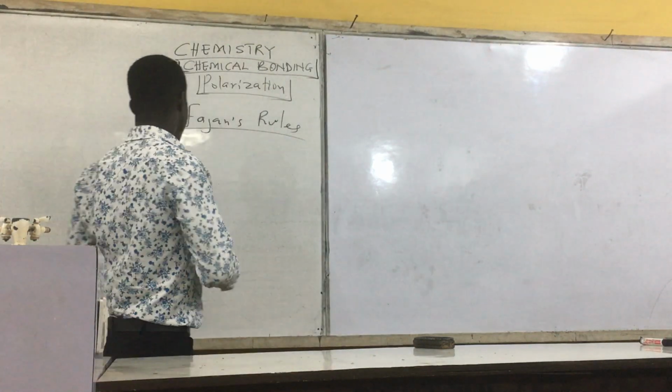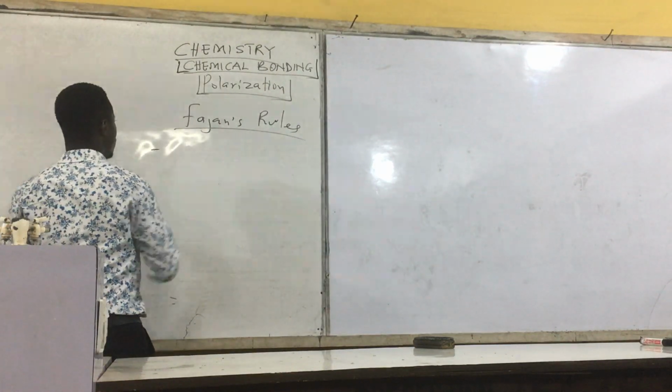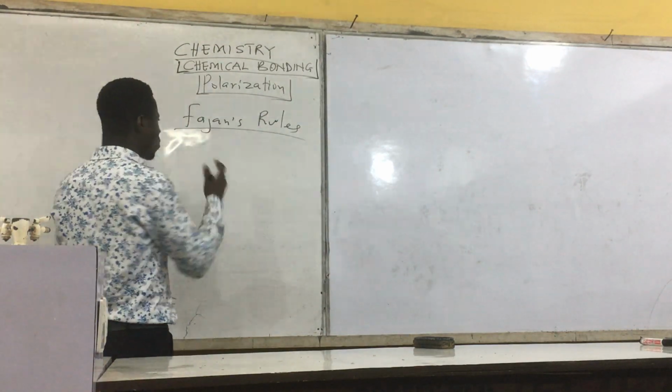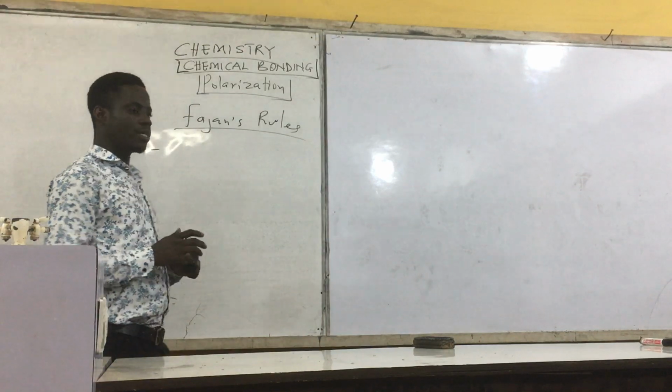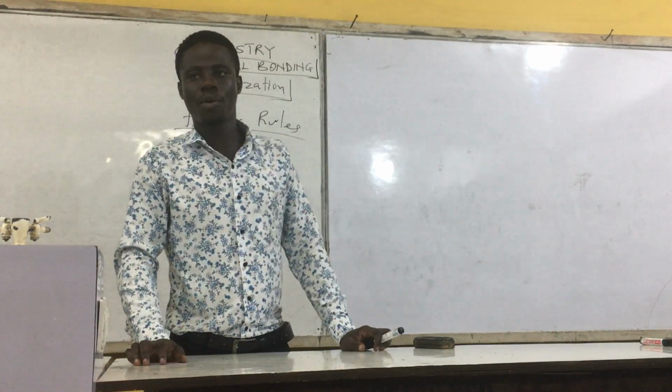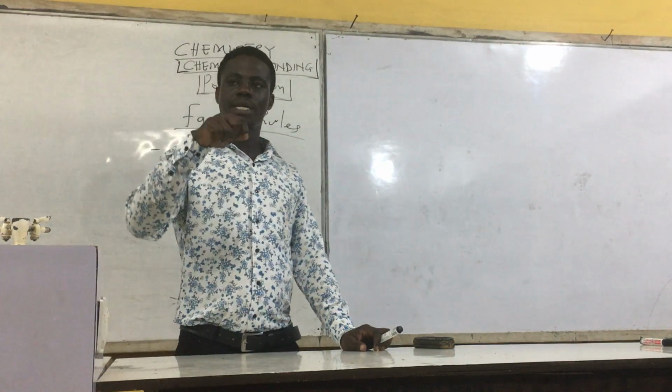Now, without much ado, what Fajans is saying is that for an ionic compound to have what we call polarization, there should be certain conditions.